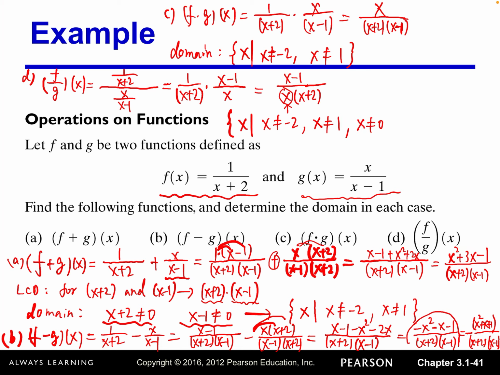So x cannot equal 0. If x equals 0, the denominator is 0 and the whole expression is undefined. So for division of these two functions, the domain is x cannot equal negative 2, positive 1, or 0. We have added one more restriction.